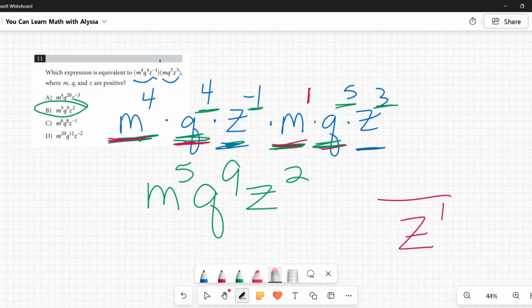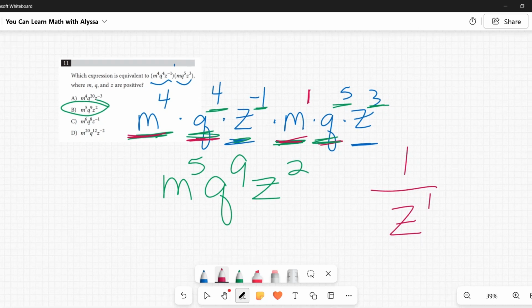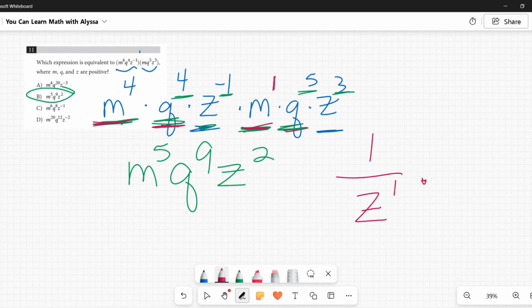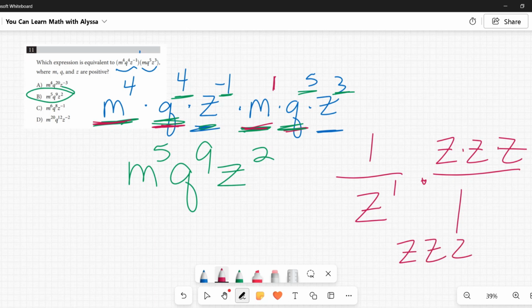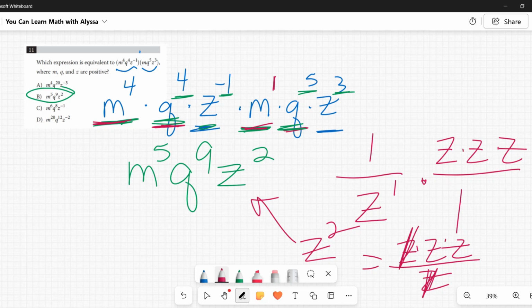If we were to write this, it would be z to the power of negative 1, which is 1 over z to the power of 1, times z cubed, which is z times z times z. And since these are fractions, we would put this over 1 so we could multiply them. When you multiply this together, you get z times z on top, all over z on the bottom. If you learn about canceling out in fractions, you would go, oh, I can cancel those. And what are you left with? Z squared. So there's your z squared.